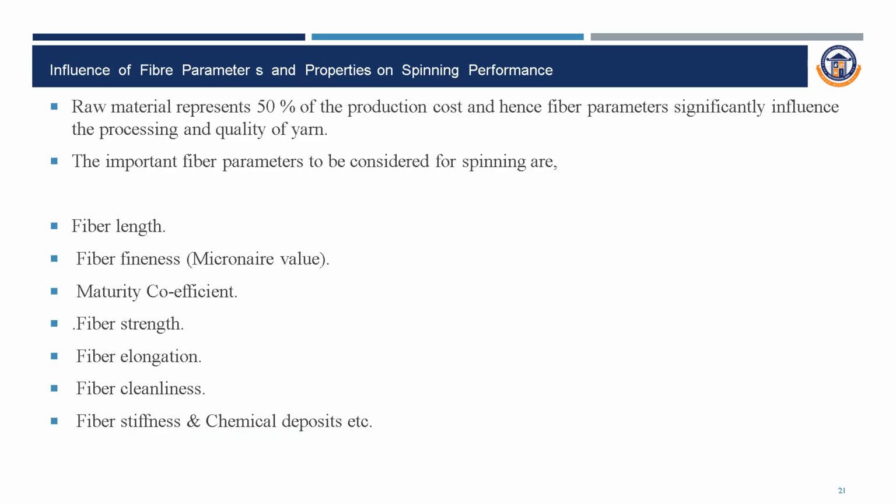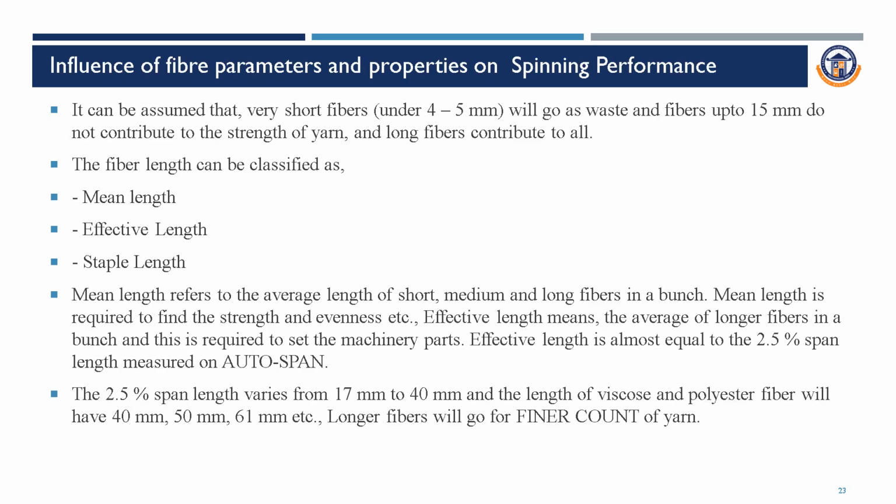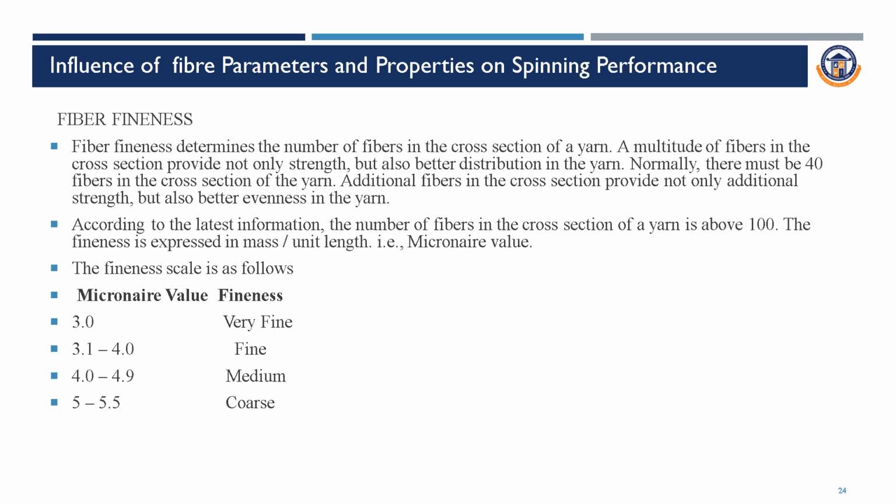Next, we see some of the important properties: fiber length, fiber fineness, fiber strength, elongation, cleanness, stiffness, and chemical deposit. These we already discussed in the previous slide. In this slide we give some values for fiber strength, length, and also micronaire fiber fineness.